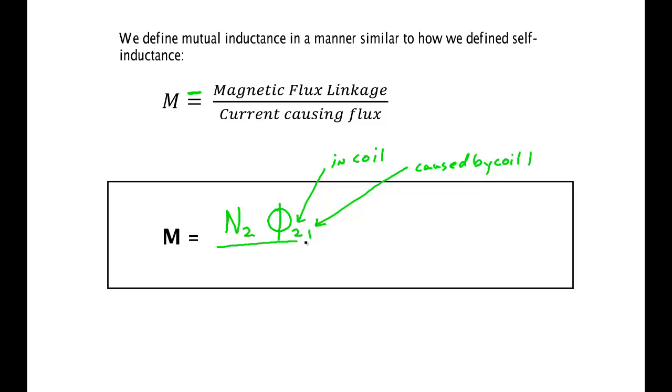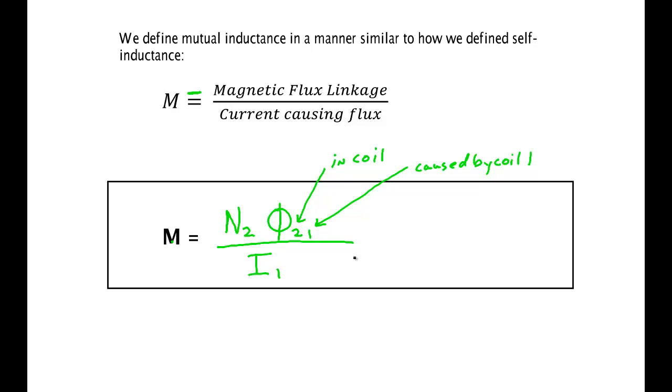And we'll divide that by the current that causes it, and the current that causes it is the current I1. So in self-inductance, we use the symbol L, and we had only the N for the single coil. We had the flux, and that flux was in the coil itself, and we divided by the current in the coil. Here, the current is in a different coil, the coil that causes the flux linkage in the second coil.